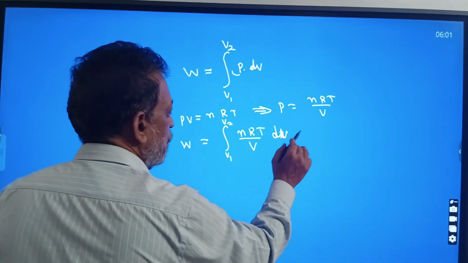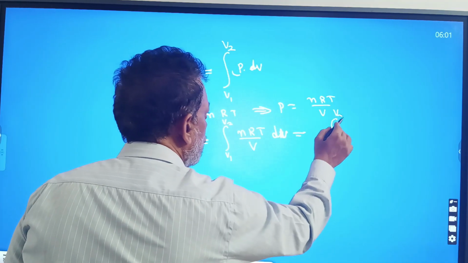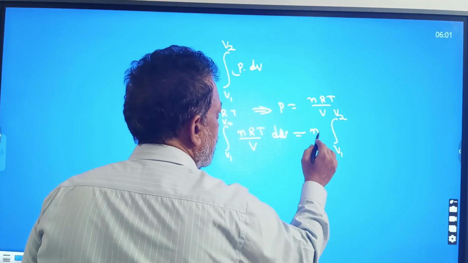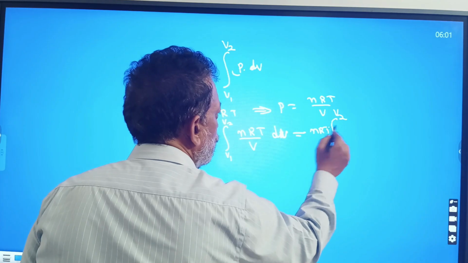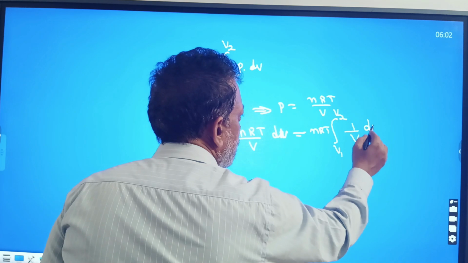So for that, what can I write? Integral V1 to V2. I can take nRT out, so 1 by V dV. Very simple, we don't want much integration.